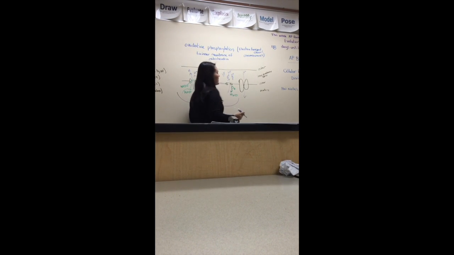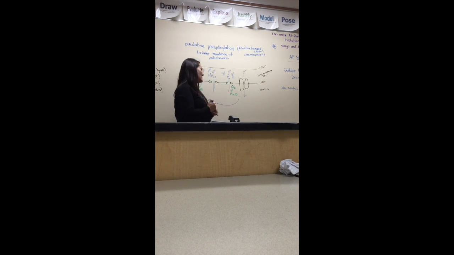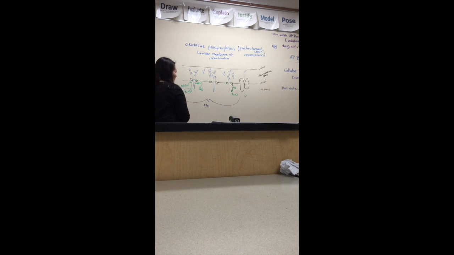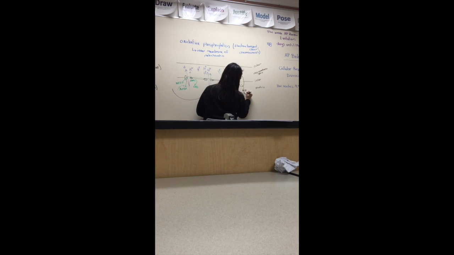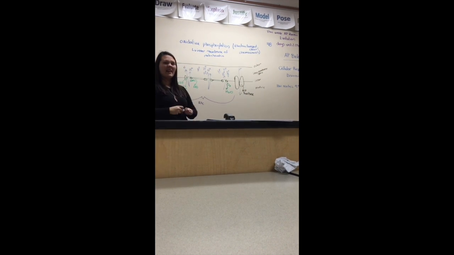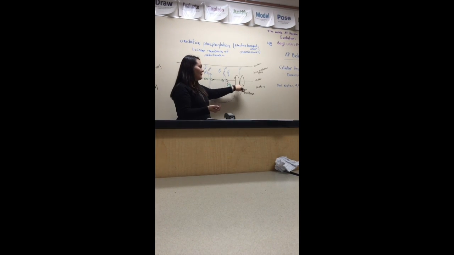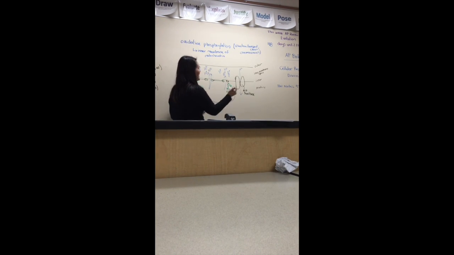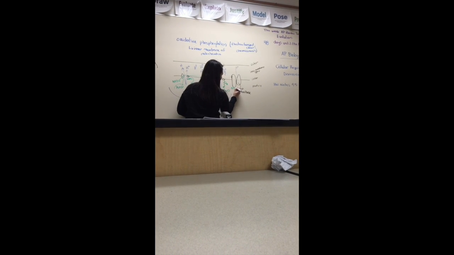Hydrogen flows back through this molecule that we call ATP synthase. And so, let me label that. Okay, my ATP synthase. It kind of acts like a wheel. And so as the hydrogen flows through, it spins, and it's going to take ADP and inorganic phosphate and make ATP from them.